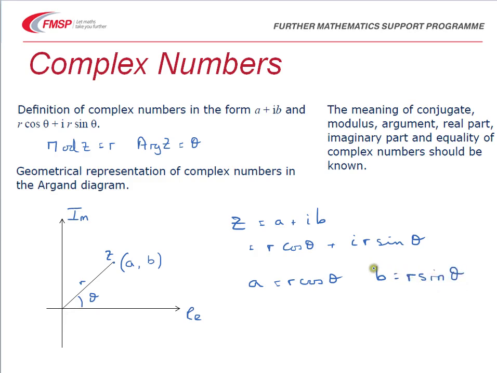So the real part is r cos theta and the imaginary part r sine theta. This, of course, we can see in the right angle triangle here, so a little bit of right angle trigonometry as well gives the same result.